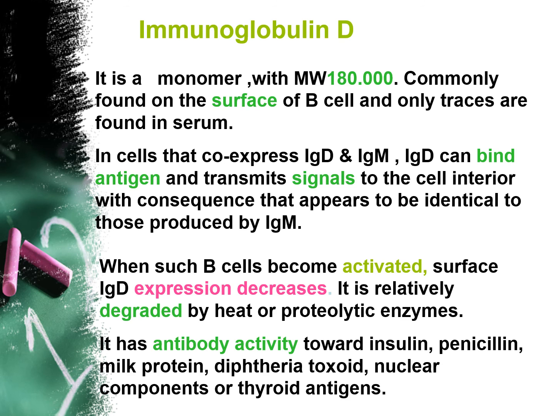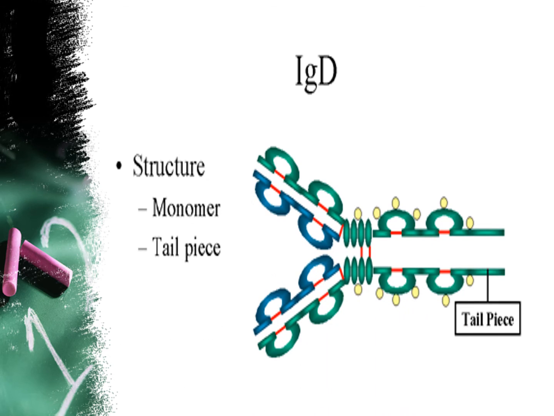It is relatively susceptible to degradation by heat and proteolytic enzymes. It has antibody activity toward insulin, penicillin, milk protein, diphtheria toxin, nuclear components, or thyroid antigens. This is the structure of immunoglobulin D.